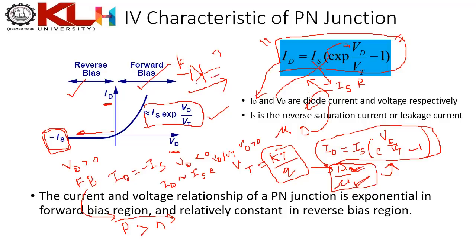In reverse bias, practically it is a very low value, but theoretically we almost equate the reverse saturation current, or Is, or leakage current, to zero. So one important conclusion here is that in a diode, current only flows from the P region to the N region, and the other direction, that is N to P, is strictly not possible.